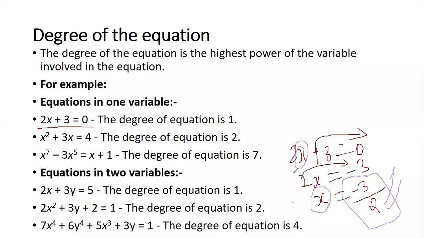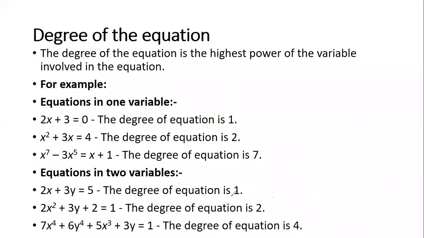And in such an expression with one variable, you will have at least one root. One root is nothing but the value of x. Understood? Did you all understand? Okay.